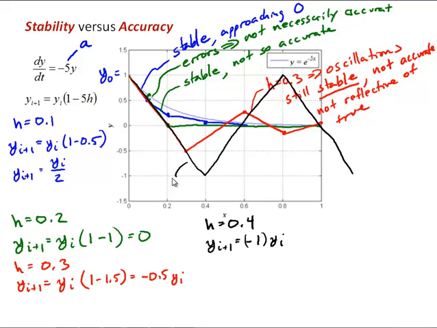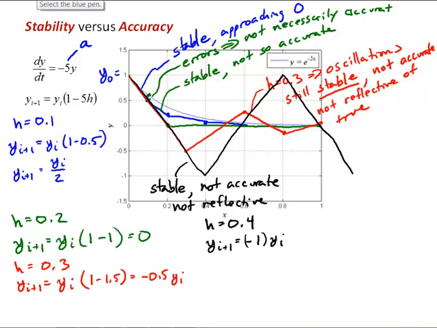So again, the error is not growing in time. For h equals 0.4, we would again say it's stable, but definitely not accurate. And the shape of the numerical solution is not reflective of the exact solution.